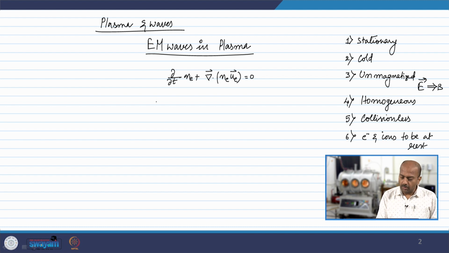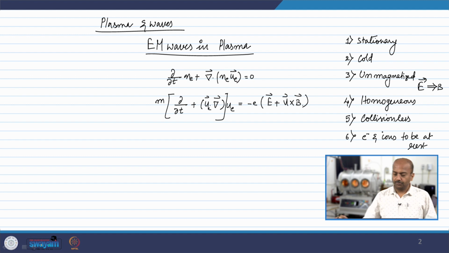Then we have the momentum equation: m times (∂/∂t + u·∇) u_e = -e (E + u × B).